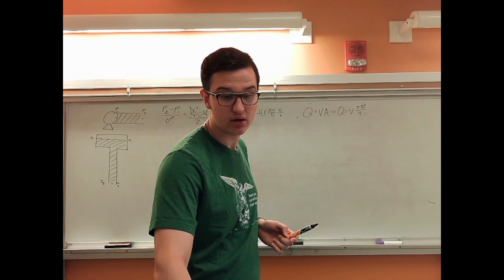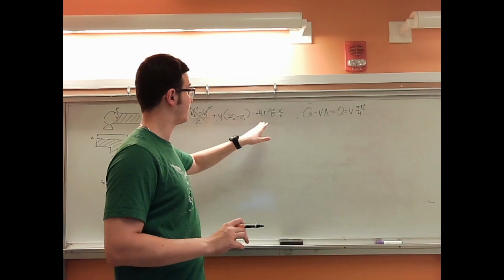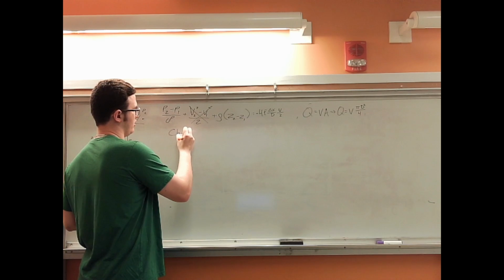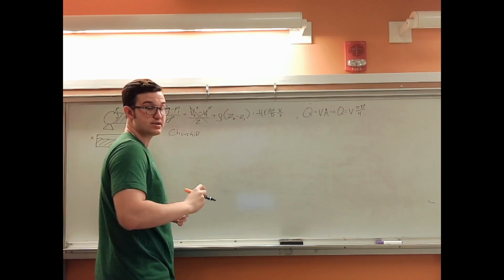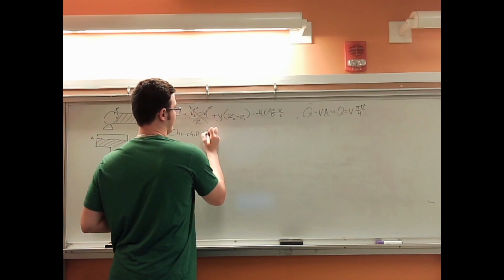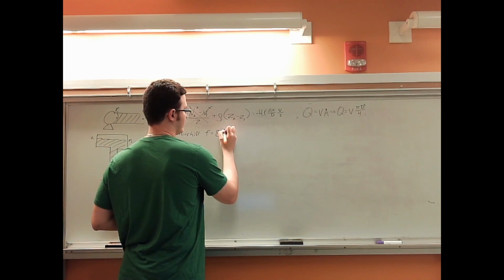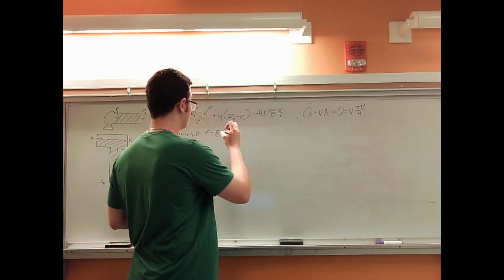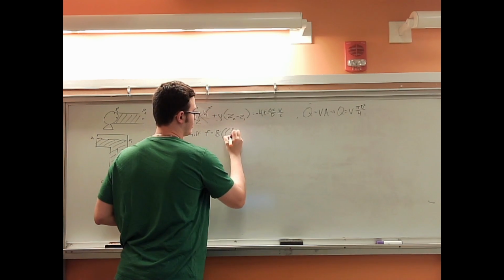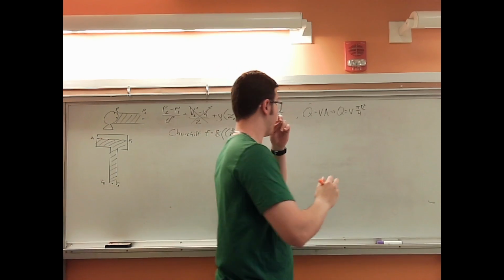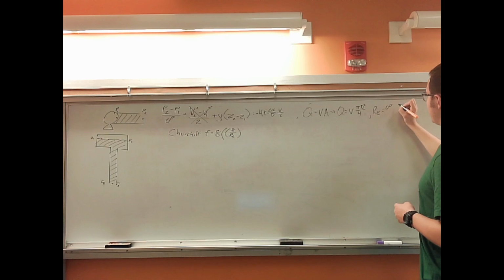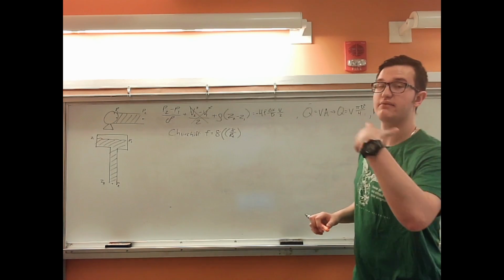Now, we also know, based off of what we have pulled up here, I'm actually going to pull it up right now. We are going to be using the Churchill equation to find this friction factor. So I will write that out. Churchill. So the friction factor, f, is equal to 8 times 8 over the Reynolds number, which, by the way, Reynolds number, Re, equals density times velocity times diameter divided by the viscosity of whatever liquid we're talking about.